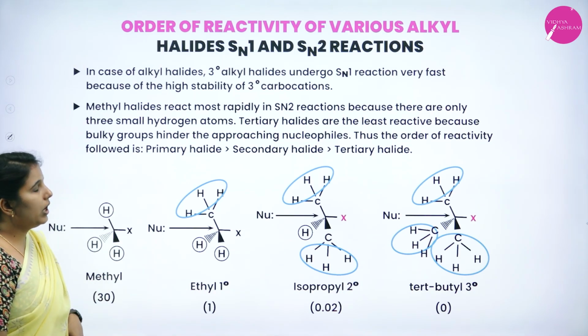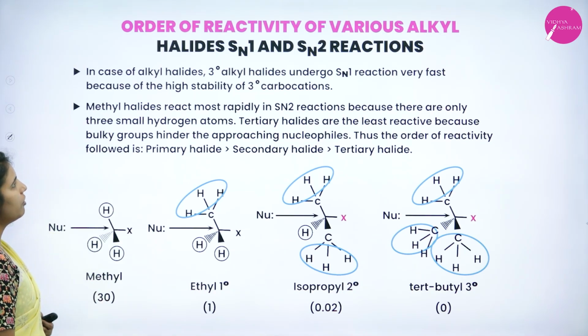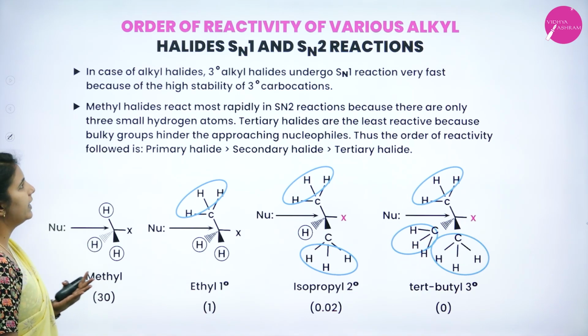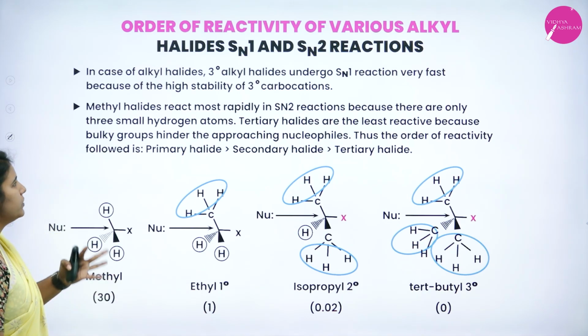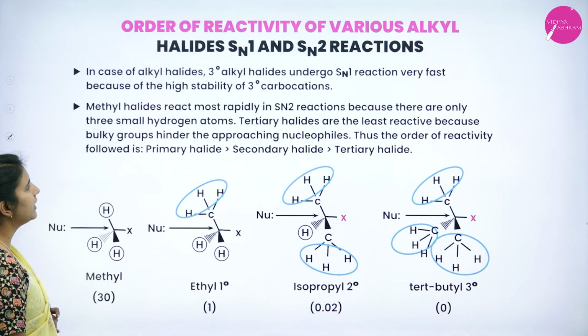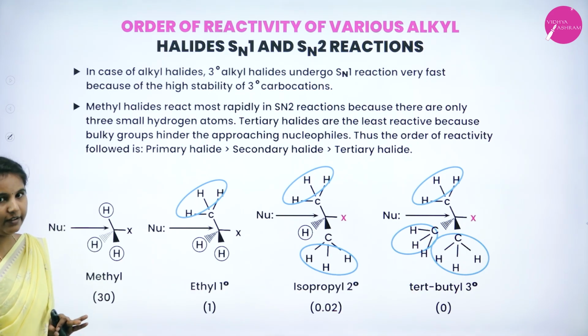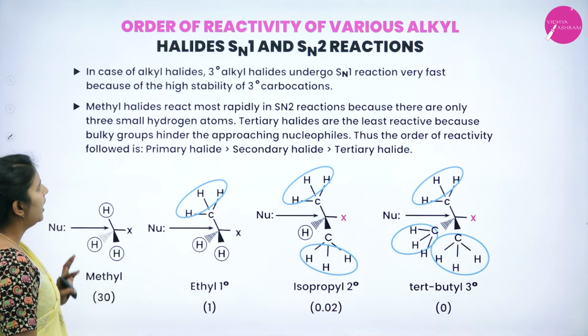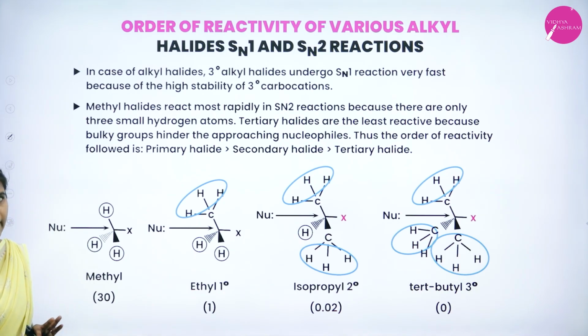Coming to the order of reactivity of various alkyl halides in the SN1 and SN2 reaction mechanisms. In case of alkyl halides, the tertiary alkyl halide undergoes SN1 reaction very fast because of the high stability of the tertiary carbocation, right?